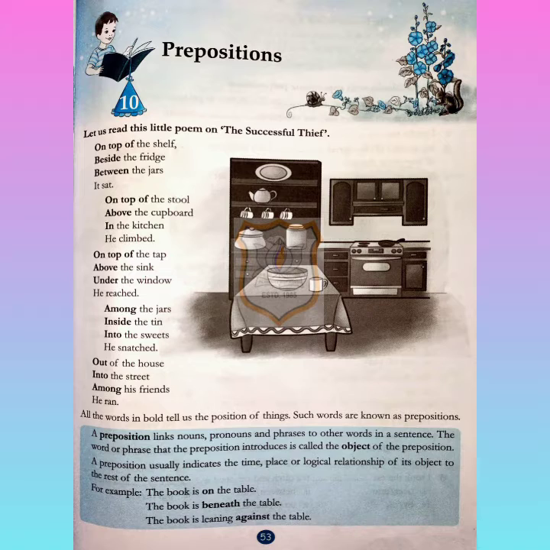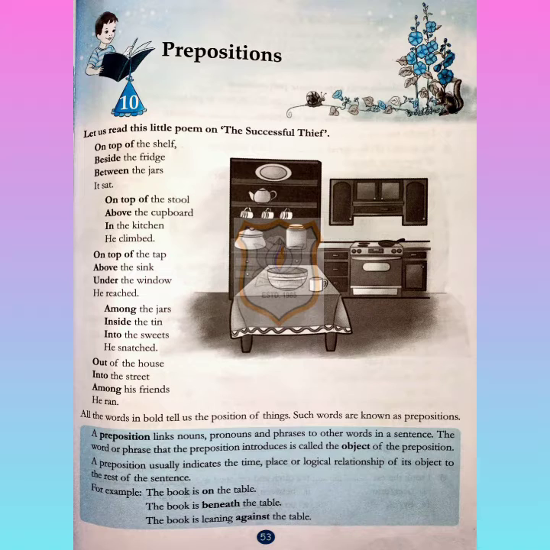The word or phrase that the preposition introduces is called the object of the preposition. A preposition usually indicates time, place or logical relationship of its object to the rest of the sentence. So always we have to take care of three things: a preposition always indicates time, place and its relationship between the object and the rest of the sentence.